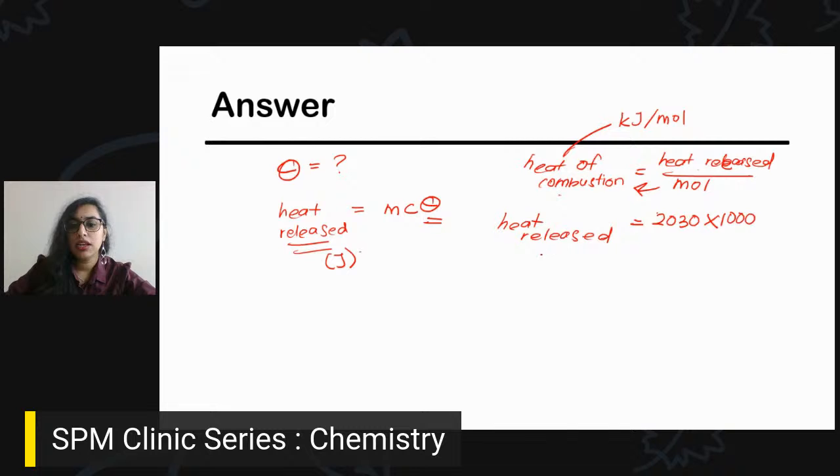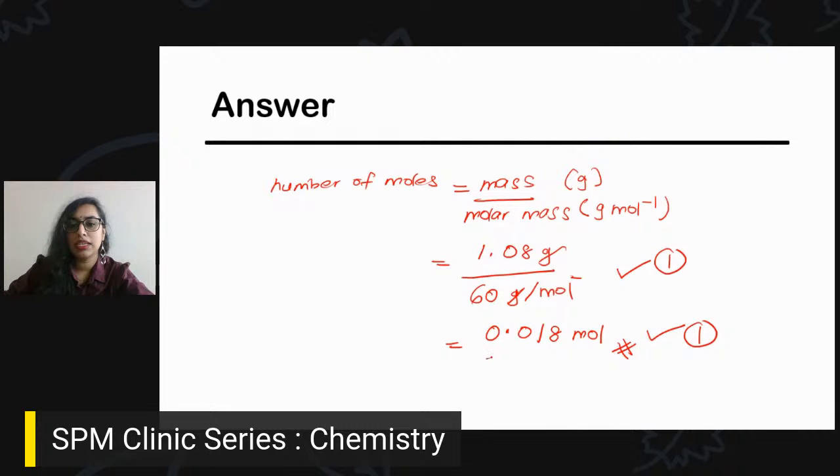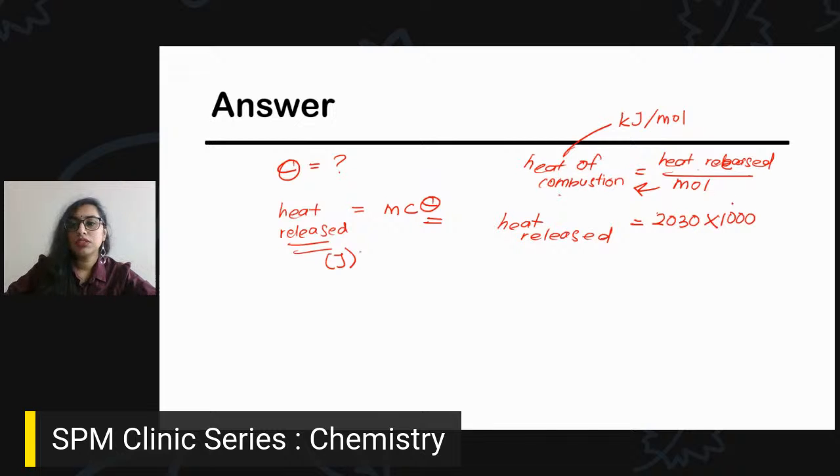The mole that we have calculated previously is 0.018 mole. So we are going to times it with 0.018 mole, and we will get the answer 36,540 joule.